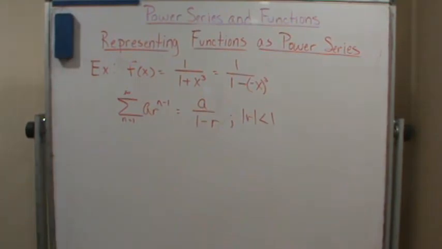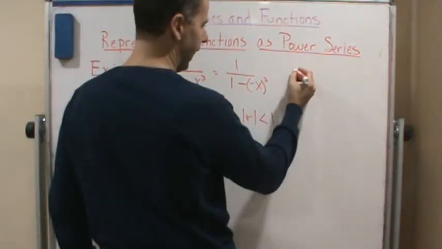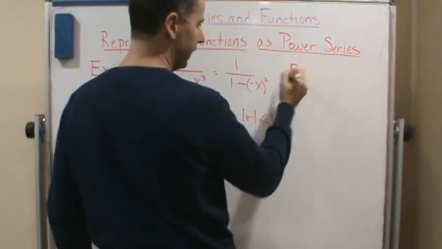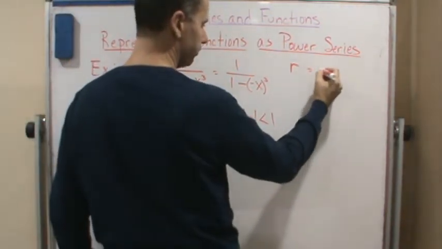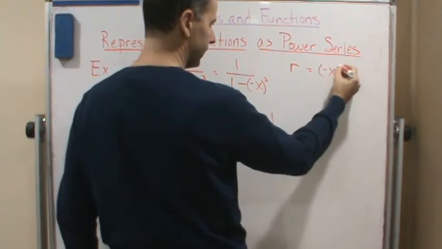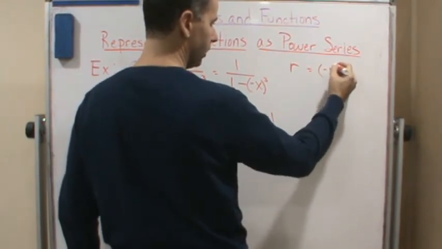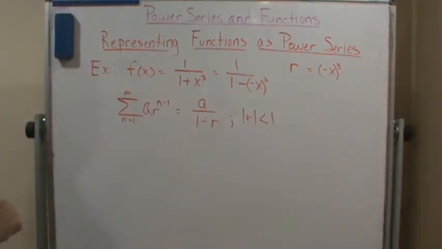So now, what does that give me? Well, that tells me that r, in this case, is equal to negative x cubed. Okay?